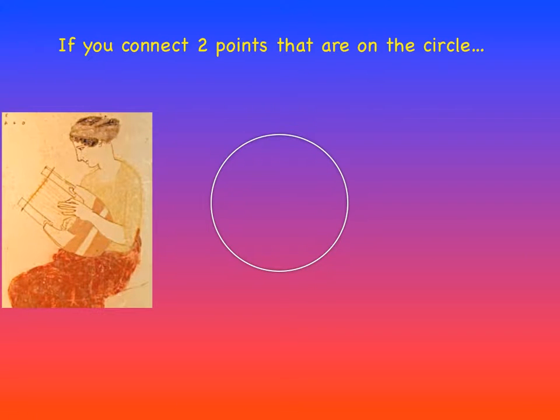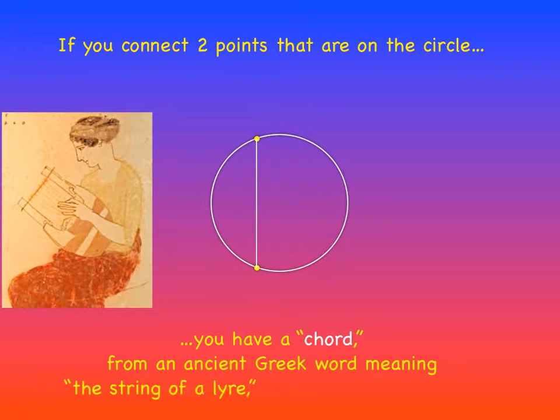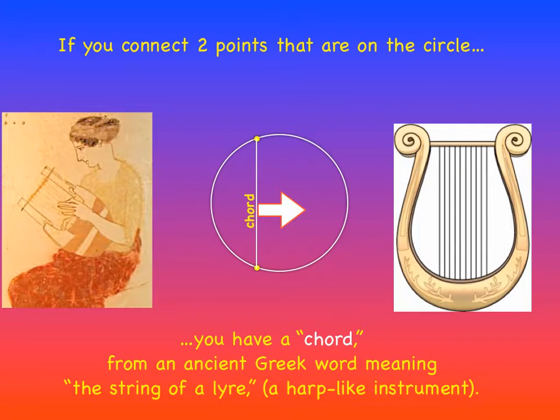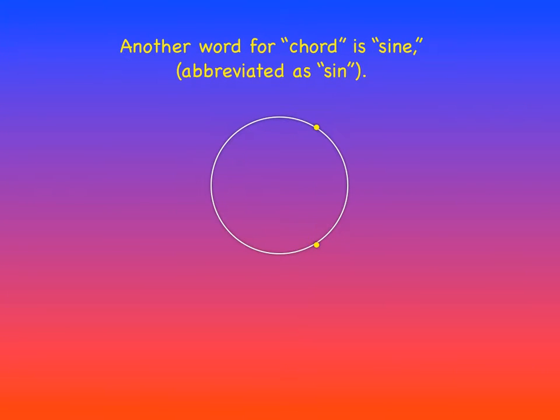If you connect two points that are on the circle, you have a chord. It's from an ancient Greek word meaning the string of a lyre. A lyre is a harp-like instrument. So here's a chord, like one of those strings. Another word for chord is sine, which is often abbreviated as S-I-N, pronounced sine.